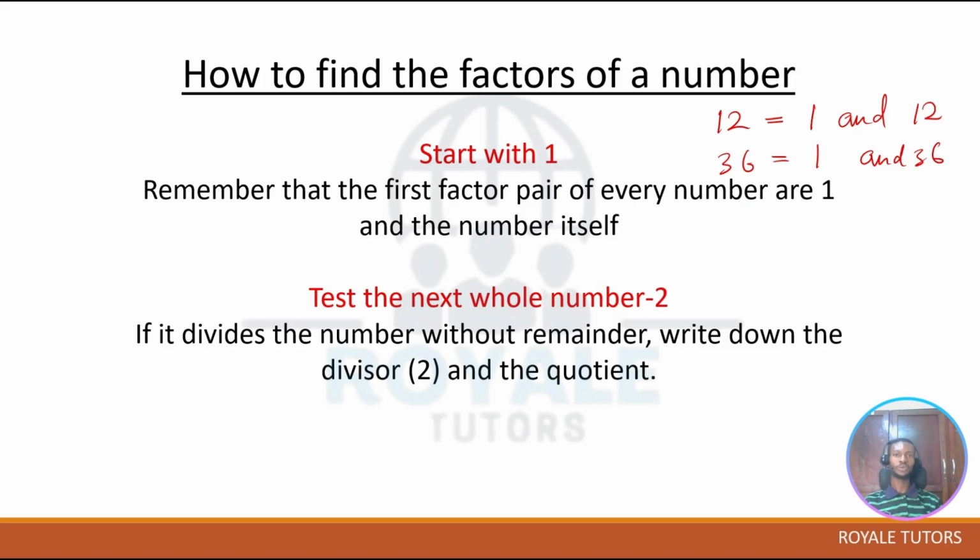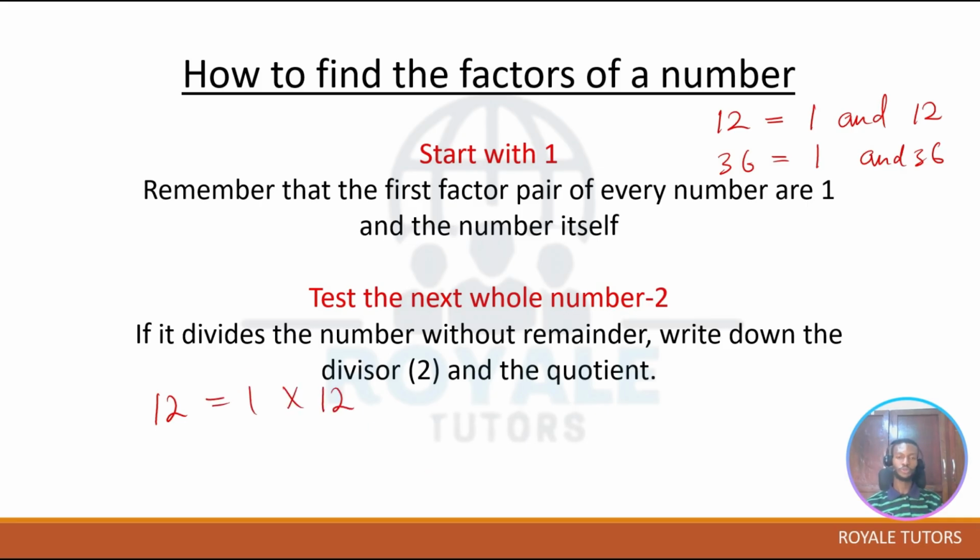That particular number you want to divide, can 2 divide it? If 2 can divide the number without remainder, then you write down the number, which is 2, and the quotient, that is the number of times 2 divides into the number. Let's take, for example, the number 12. You already generated the first factor pair, 1 and 12.